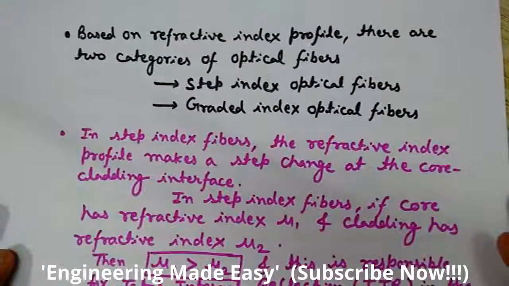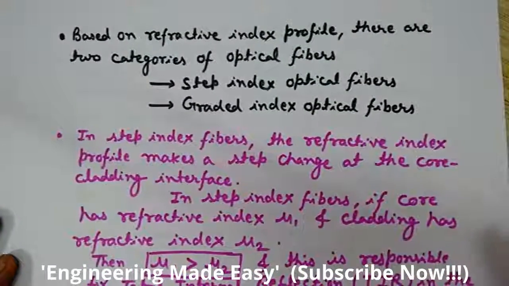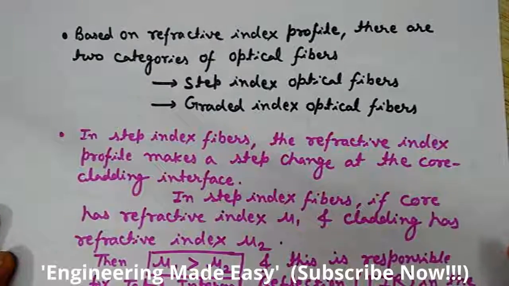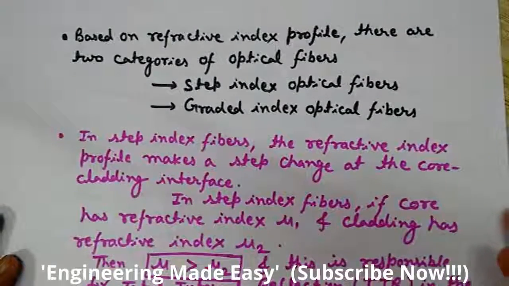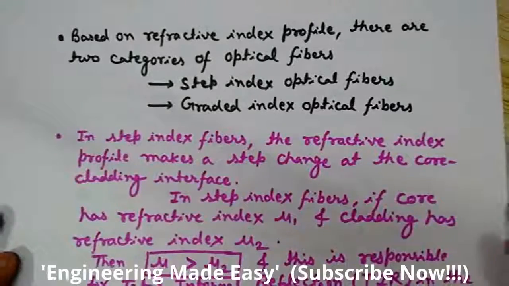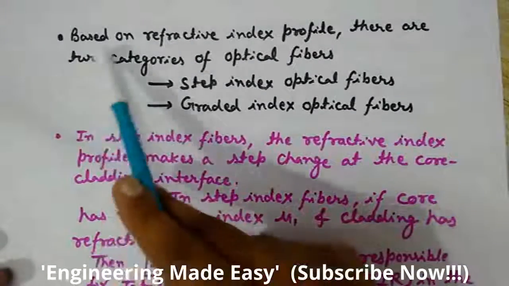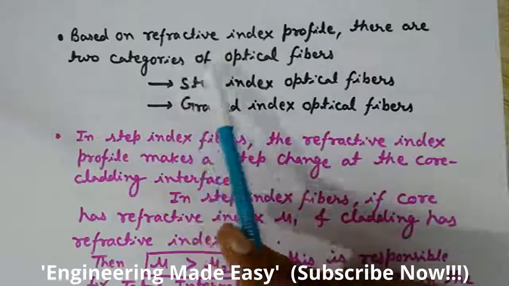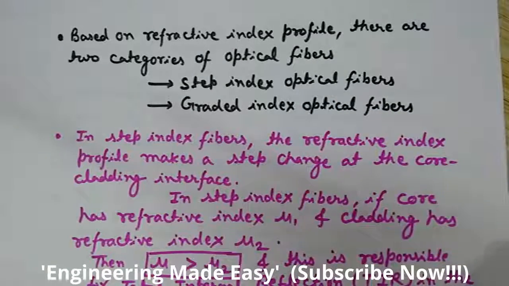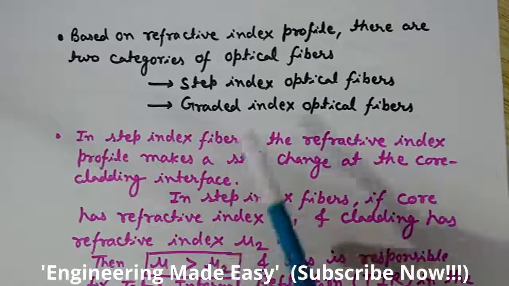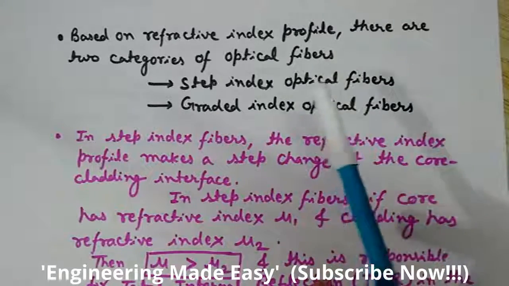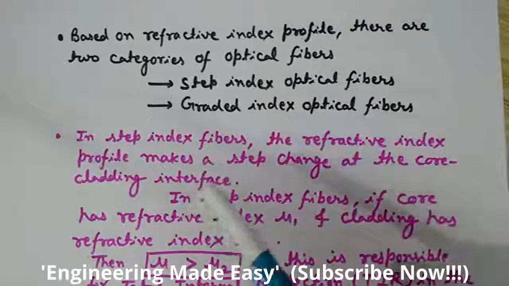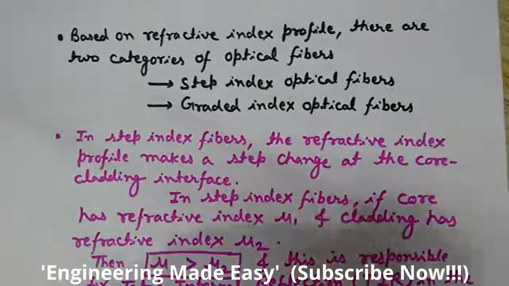So we are here studying the structure and working principle of optical fibers. Based on refractive index profile, there are two categories of optical fibers. We have categorized them in two categories based on the behavior of the refractive index, how the refractive index varies.